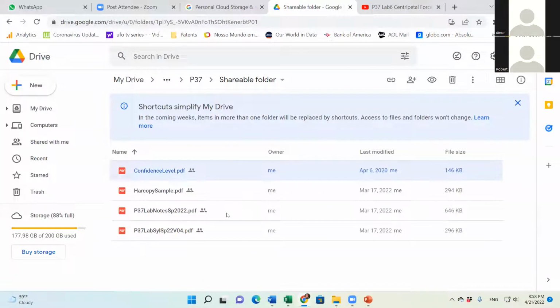See confidence level table. Okay, Ryan, go to the confidence. Do we have this table? Okay, thank you, Robert. I made that mistake, yeah.